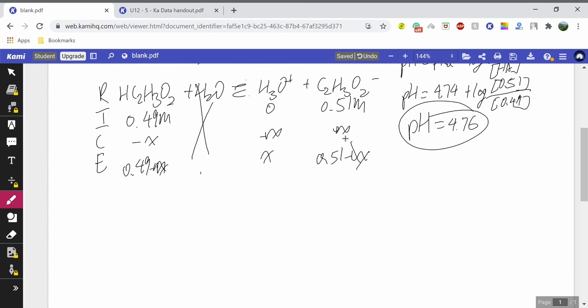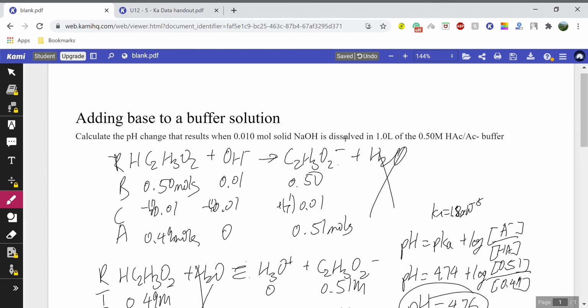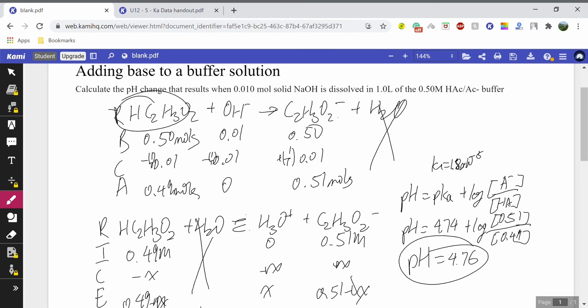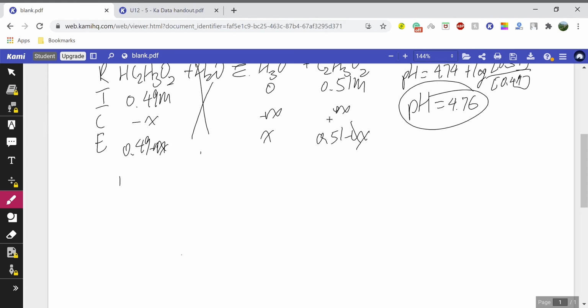Now let's also quickly calculate the original pH, because we're asked to calculate the pH change. So we need to find the initial pH. For the initial pH, we use our acetic acid added to water along with our conjugate base. So it's HC2H3O2 plus H2O, which donates a proton, turning into C2H3O2 minus plus H3O plus.